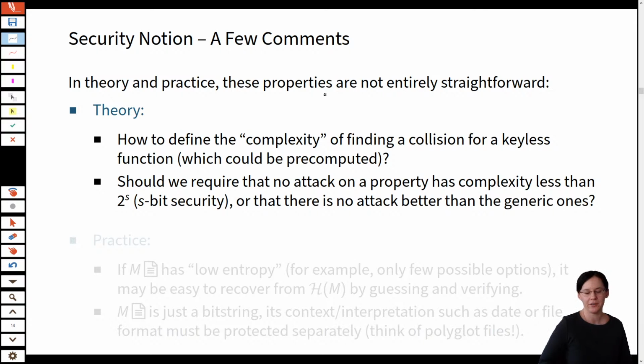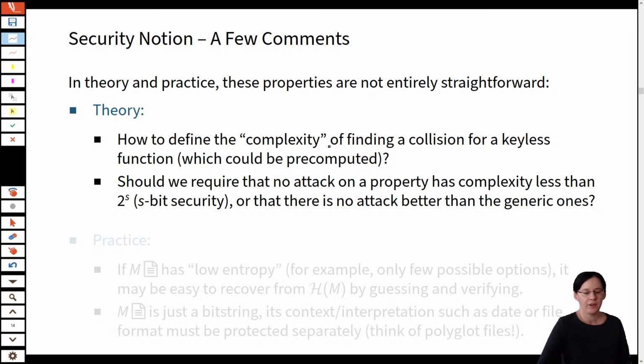So if we compare attacks only to the generic attacks, it means that we require that some attacks are more expensive than others. And this is a bit unnatural, I would say. Or it's not entirely clear why we would do that.